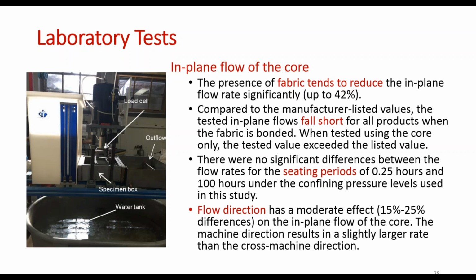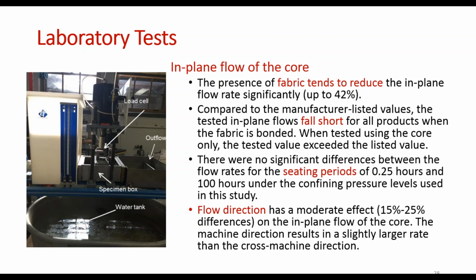So first we tested the in-plane flow of the core, which defines the drainage capacity, and we found that the presence of the fabric tends to reduce the in-plane flow rate significantly, up to 42%, which is huge. Compared to the manufacturer listed values, the tested flow capacity falls short for all products.